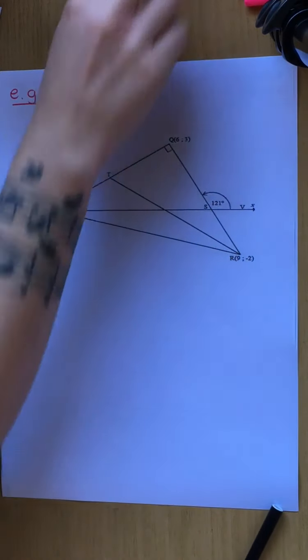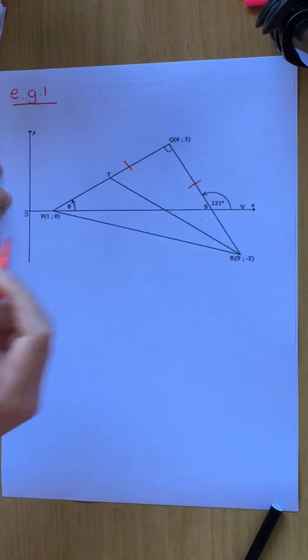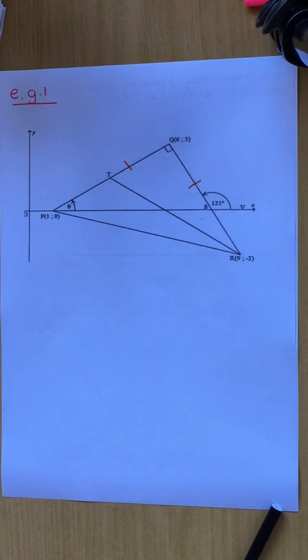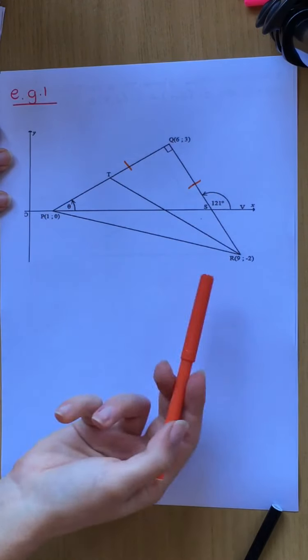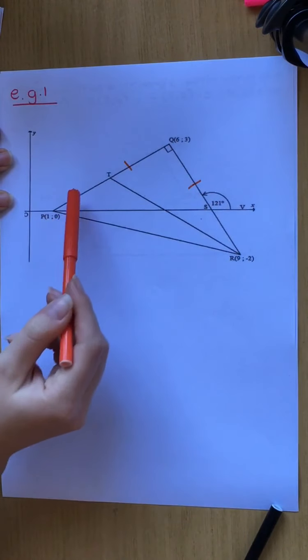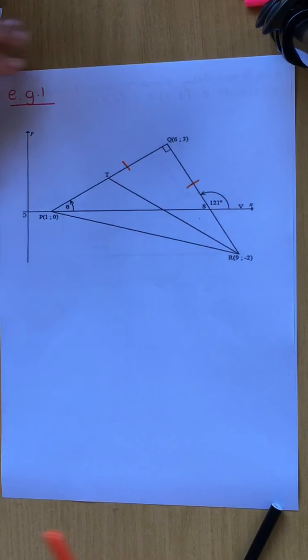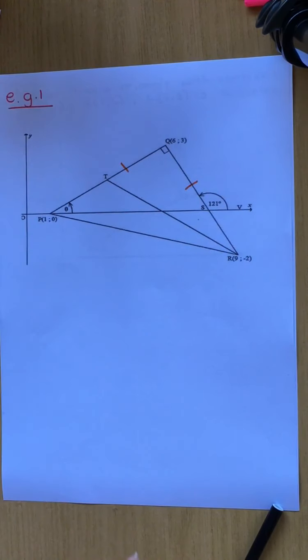Okay, so what I'm going to do is just make my life easier and do this. So I know that those 2 lines are equal. Now immediately, because I just did that, my brain registers that this is an isosceles triangle. So angle P must be the same as angle R. I don't know if that's going to be useful, but it's nice to know before you even start the question.